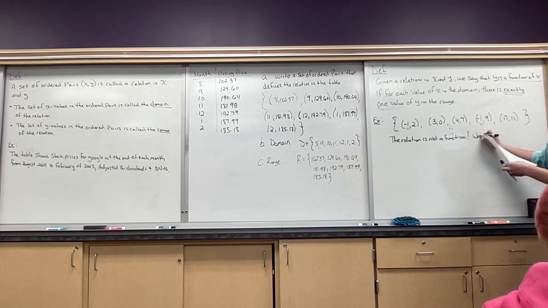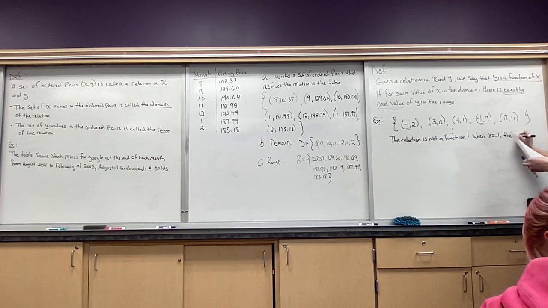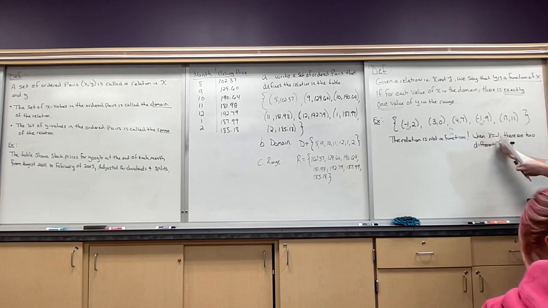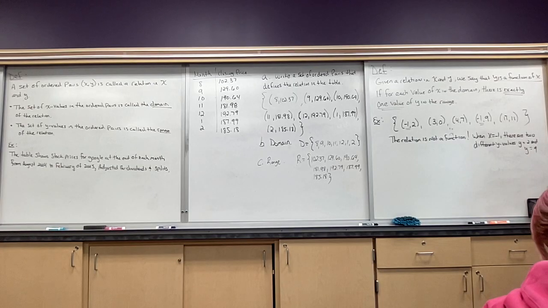So I'll put y next to it. That's when x equals -1. There are two different y values, y equals 2 and y equals none. So that's the reason why it doesn't work.